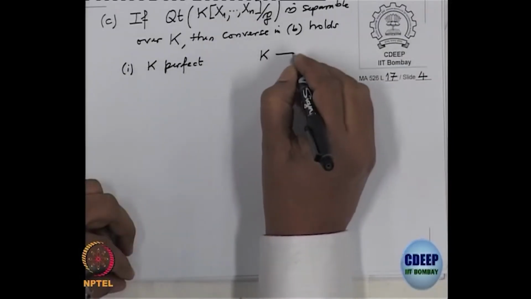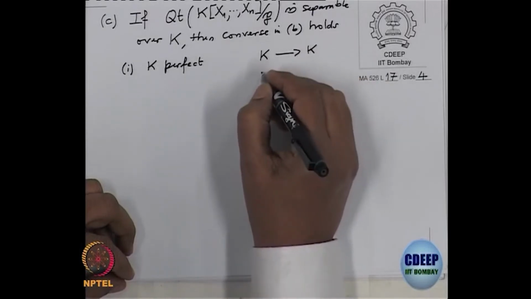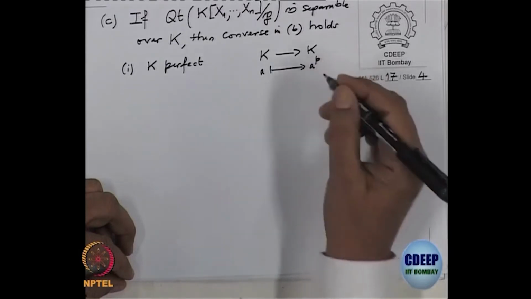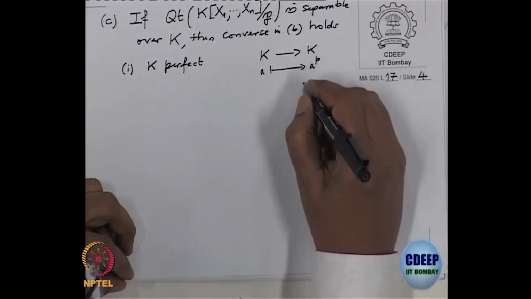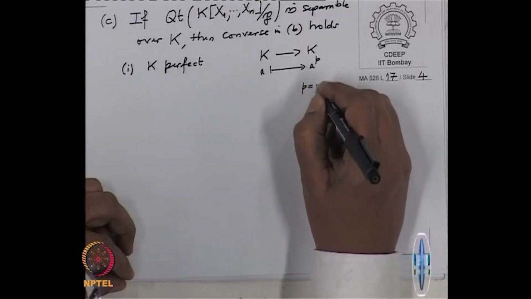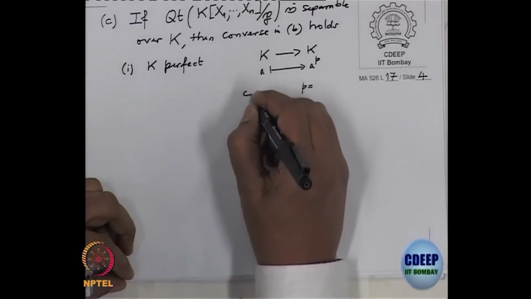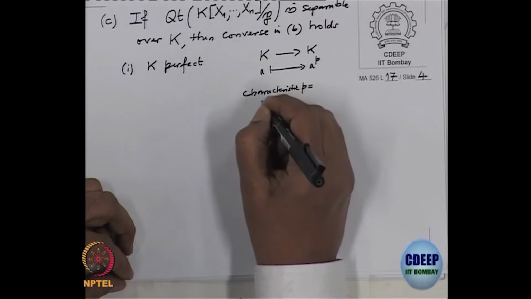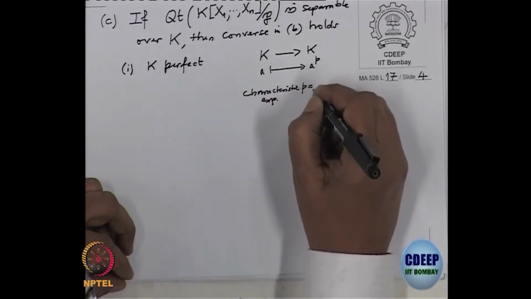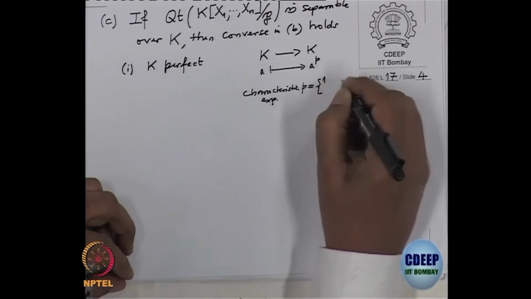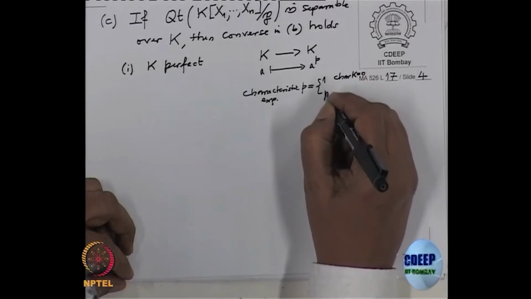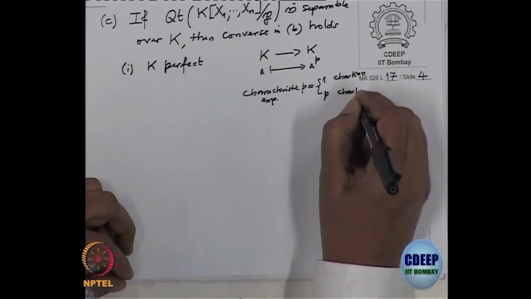Okay, perfect means you have a natural map from K to K, namely any a going to a power p, where p now is not the characteristic, but it is almost like a characteristic. p is called the characteristic exponent, that is, it is 1 if characteristic of K is 0, and it is p when characteristic of K is p positive.